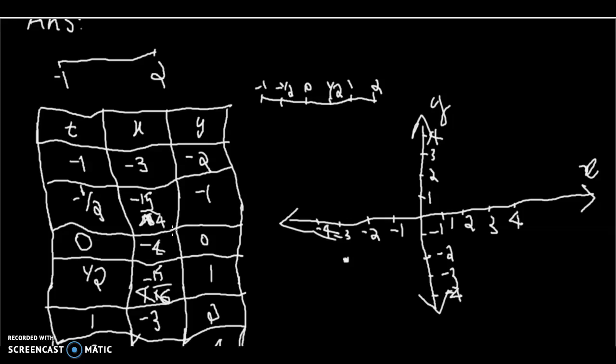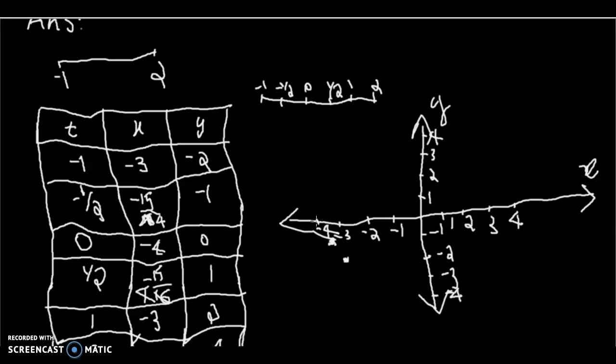So minus 15 by 4 is minus 3.75, approximately 4, and minus 1 here, that will be the point here.